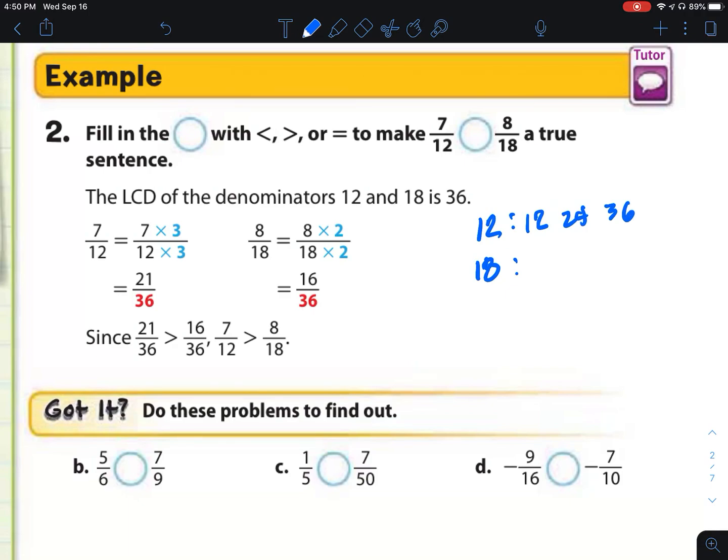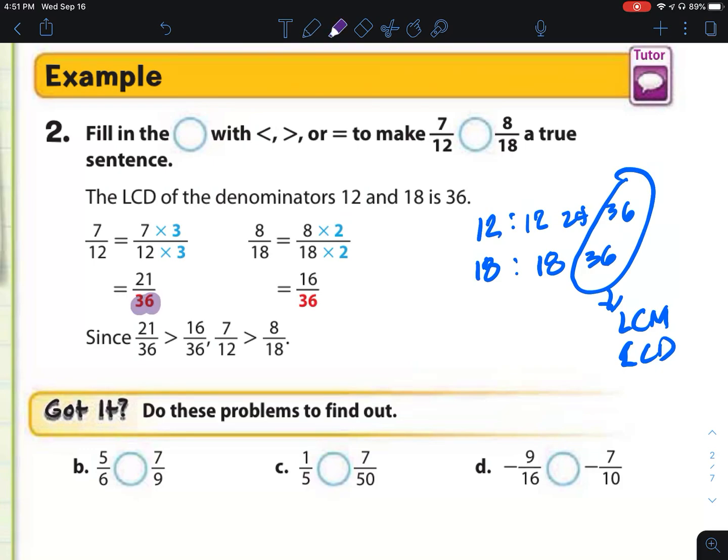And for 18, this is 18, 36. I can actually stop there because I already found the LCD, or the LCM, which is the same as your LCD. And that's how we got this 36.